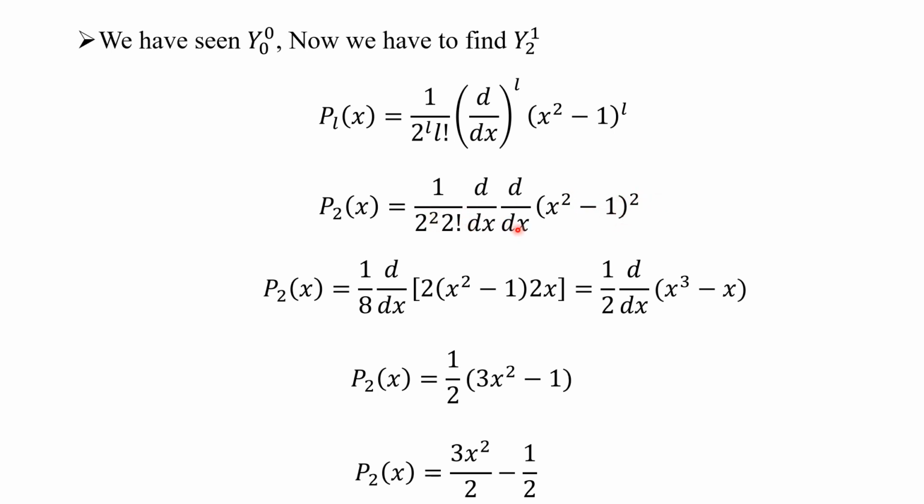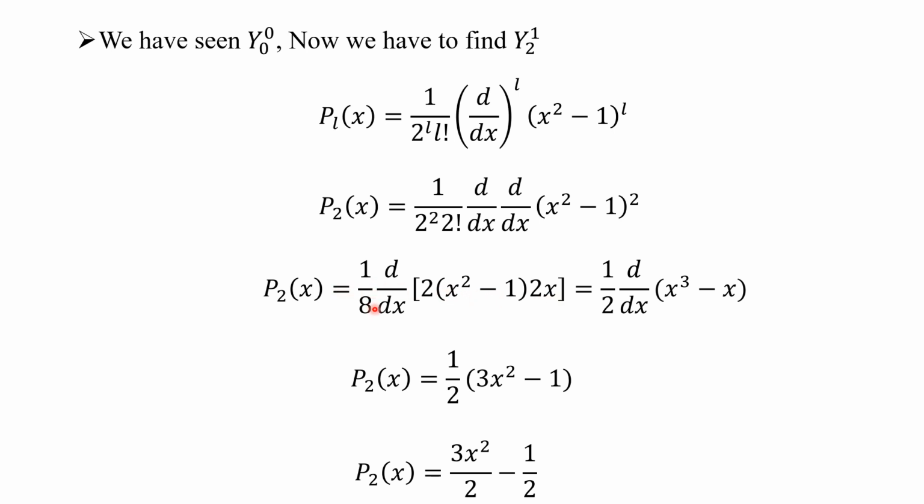Now you differentiate once. Here 2 squared is 4 and 2 factorial is 2, so it becomes 8. So 1 over 8 d by dx, and you are differentiating this one. If you differentiate (x squared minus 1) whole squared, you will get 2 times (x squared minus 1) times, differentiating x squared, 2x. Then this 2 and 2 become 4. You bring this 4 outside the bracket, because it's a number you can take out.